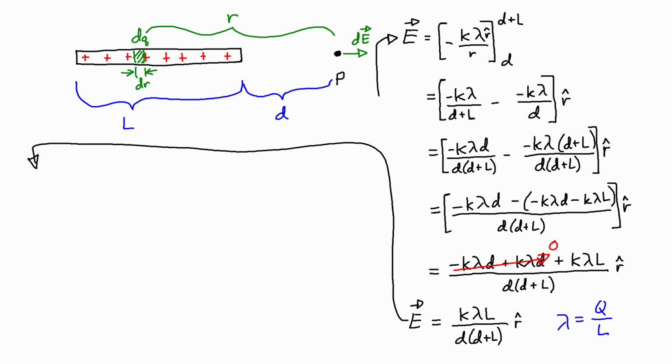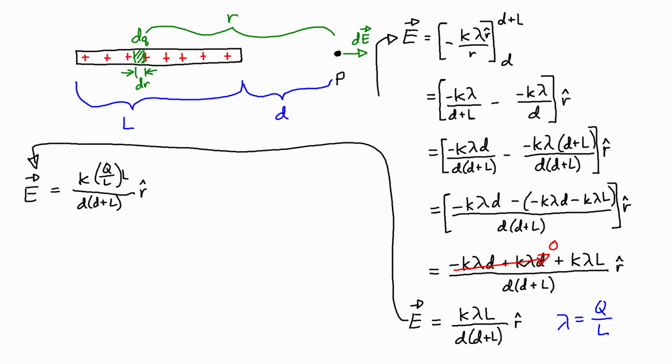That's the linear charge density, lambda. So I can write the electric field in vector form as E is equal to k times q over L times L, all divided by d times d plus L, multiplied by the r hat vector.